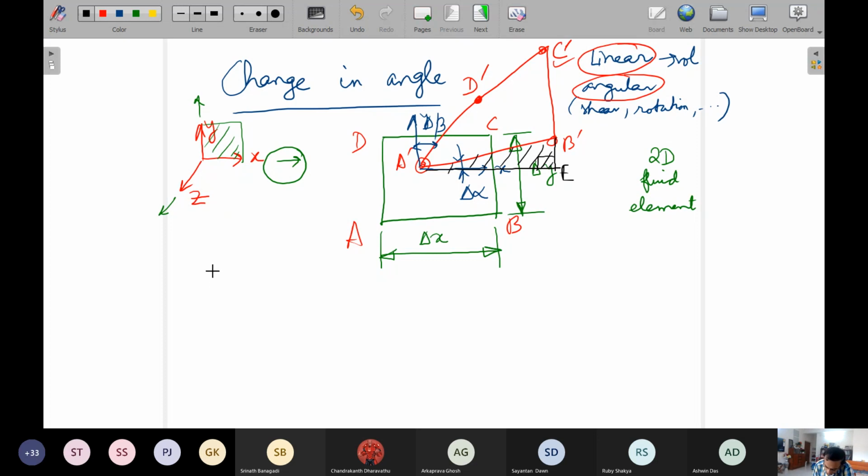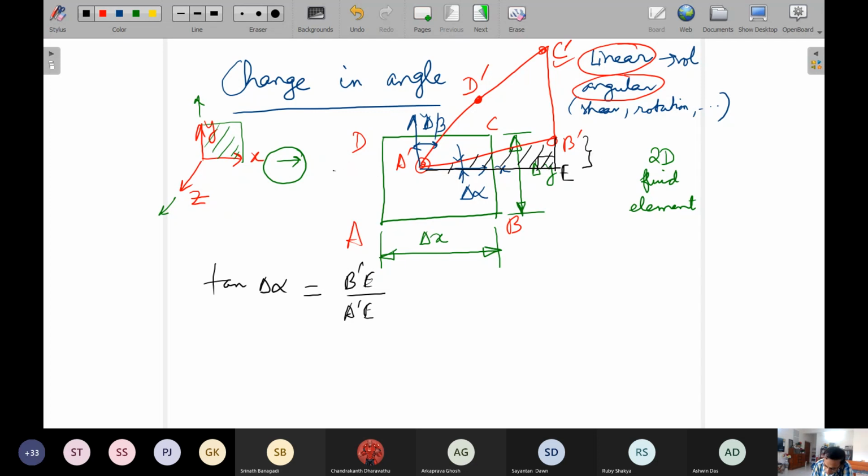So from this triangle, we'll just write again. We'll start with something which is a school level exercise. So this is the expression for tan theta. So tan delta alpha, this is what we can write. So now this B dash E. So how do we write B dash E?